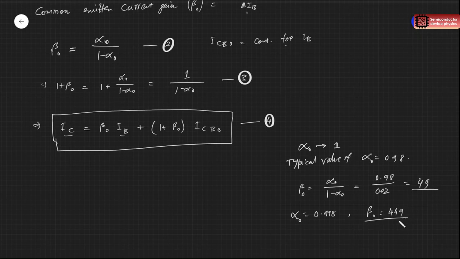So you can see that beta 0, which is our common emitter current gain, is very sensitive to alpha naught, right?